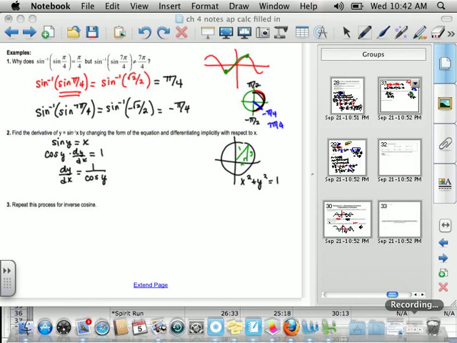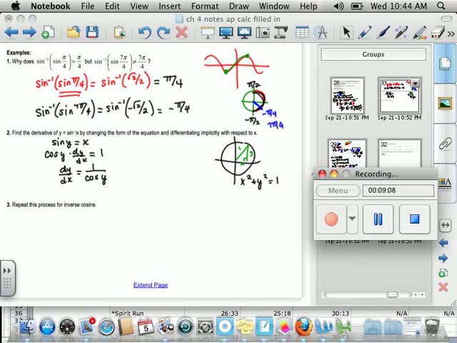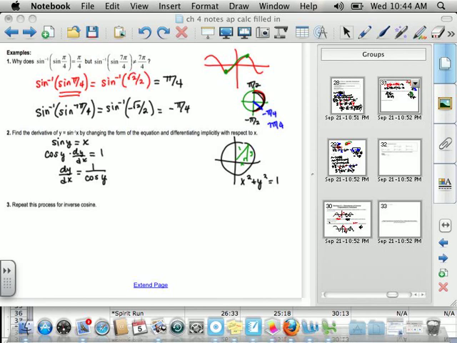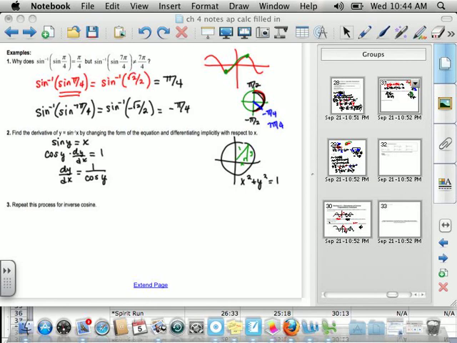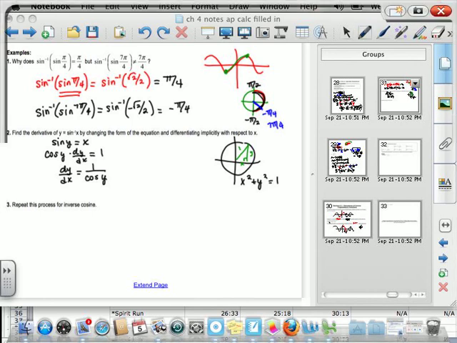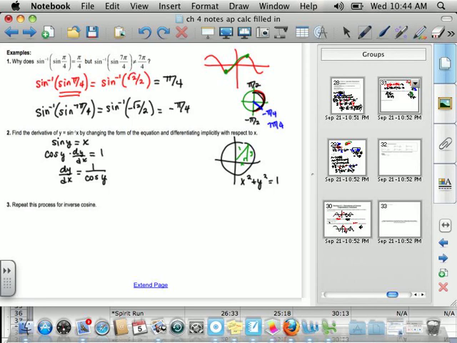So y is any angle. Since we're doing sine of y equals x, we said y was restricted. Remember, y is always between negative pi over 2 and pi over 2. So y is some kind of angle, and we know that cosine squared y plus sine squared y equals 1.